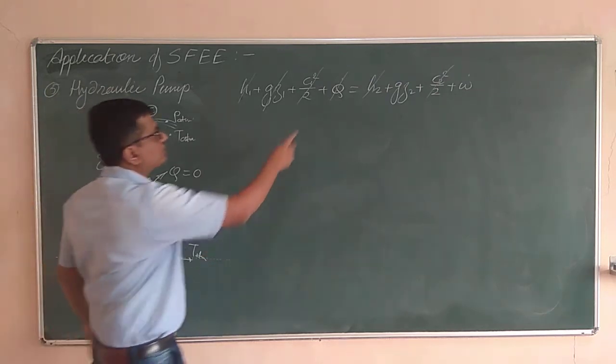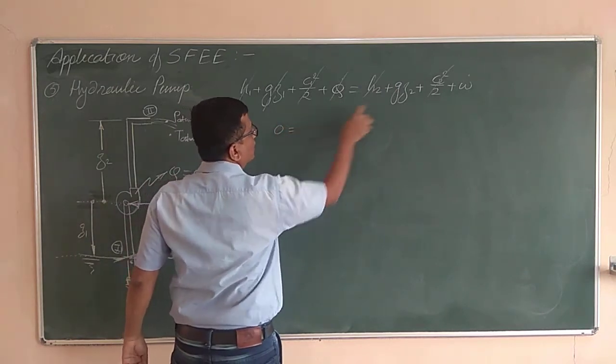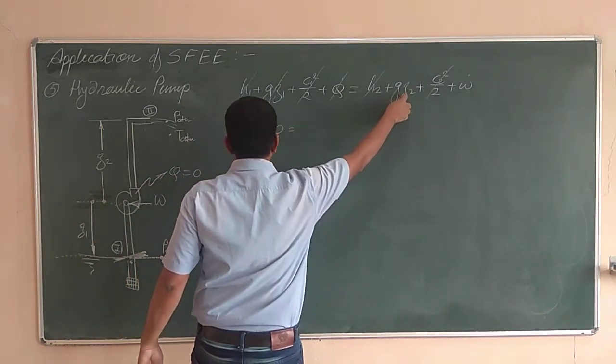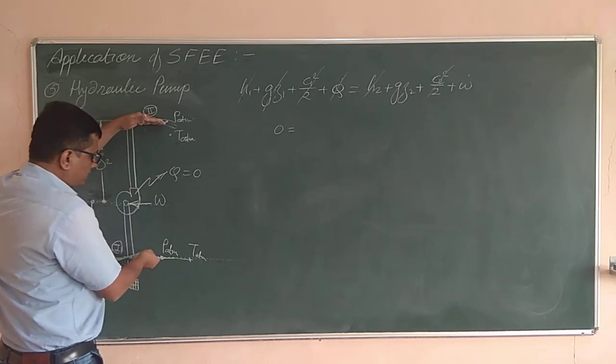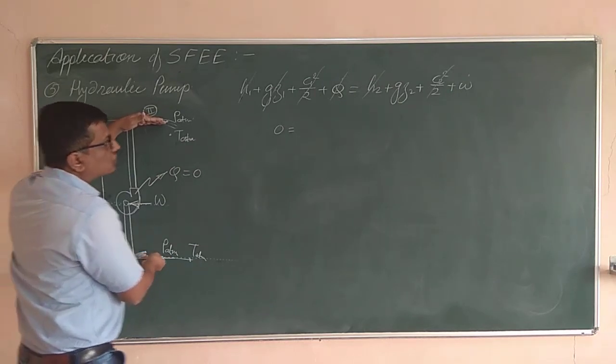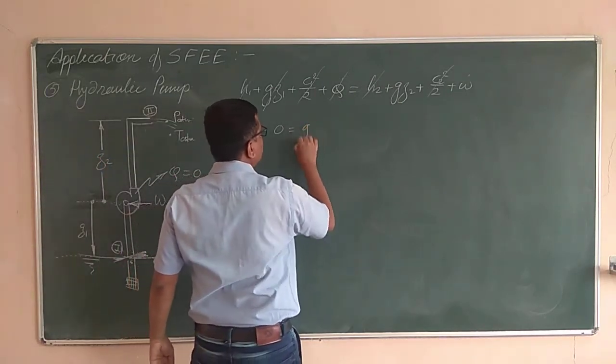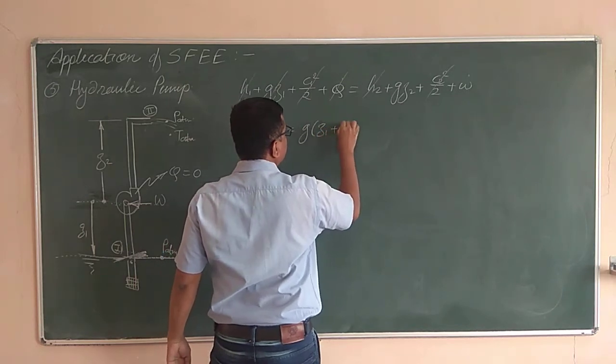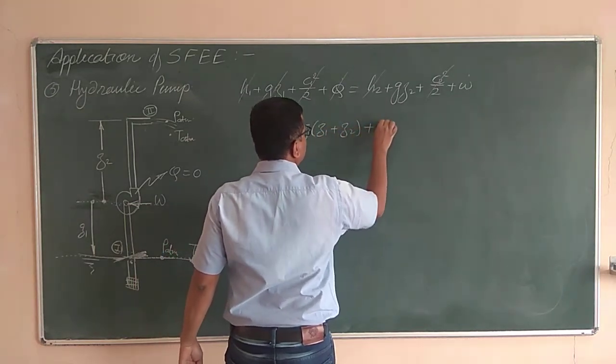So I can write 0 is equal to gZ2, where Z2 is the potential head of section 2. So that will be g(Z1 plus Z2) plus W dot.